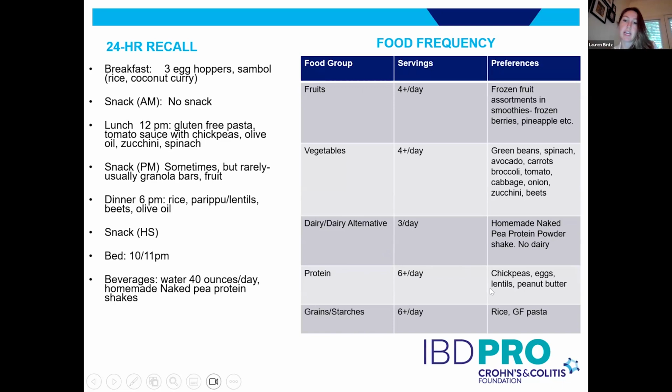He was not eating any meat, but was getting protein from plant-based sources like chickpeas, lentils, peanut butter, and he did have eggs as well. So he wasn't completely plant-based. And then grains and starches were at least 6 servings a day as well. Lots of rice, and gluten-free alternatives.